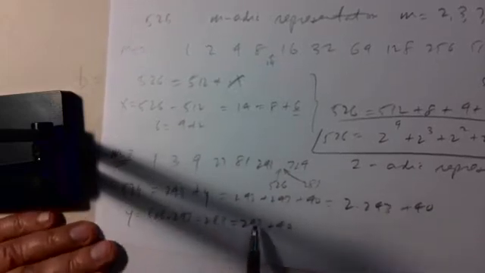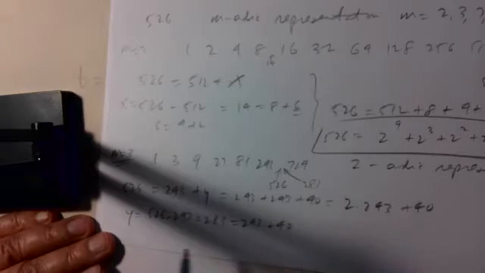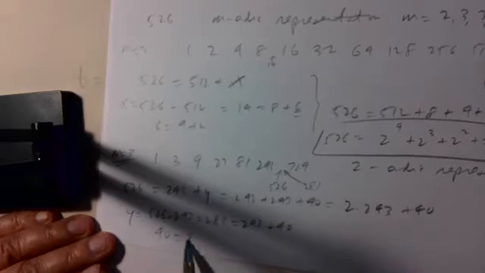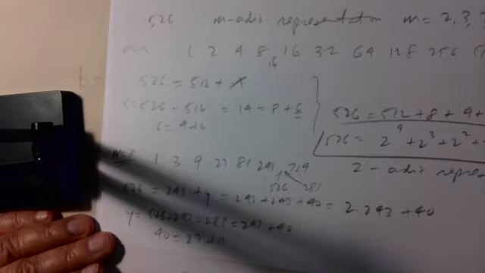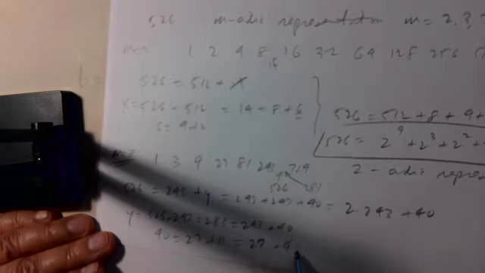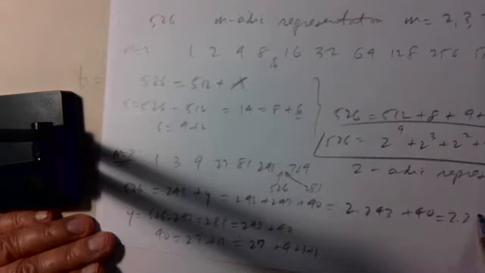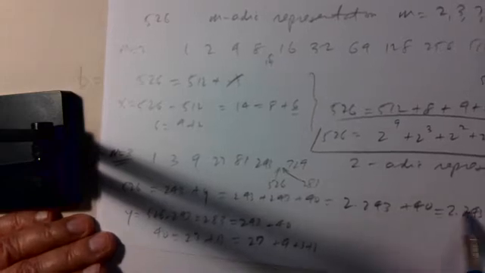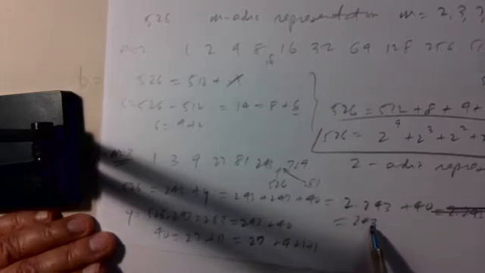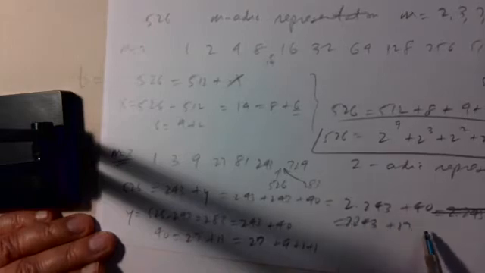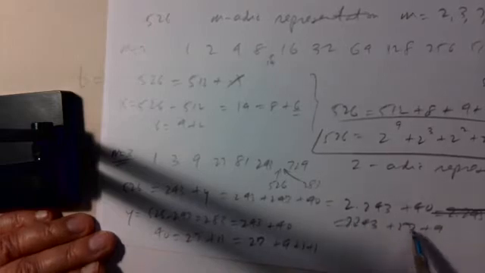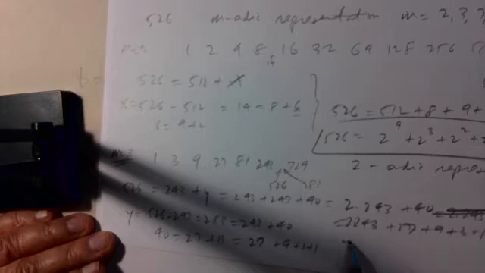How do we write 40 as a sum of powers of 3? Well, 40 is 27 plus 13, and 13, again, you just have to do a little bit of arithmetic. That's 27 plus 9 plus 3 plus 1. So this is 2 times 243 plus 27 plus 9 plus 3 plus 1.